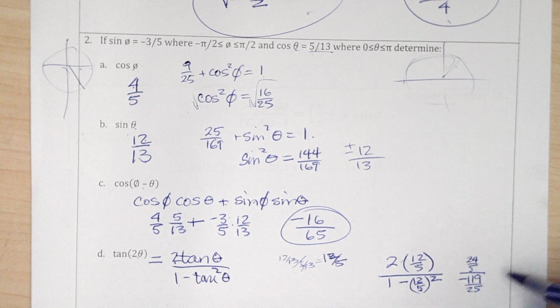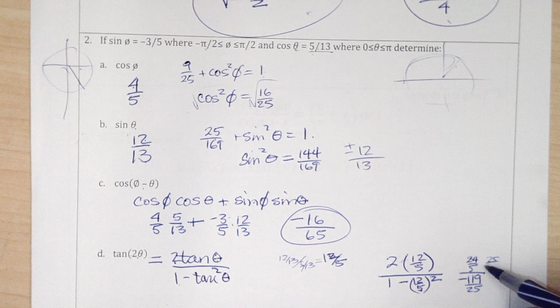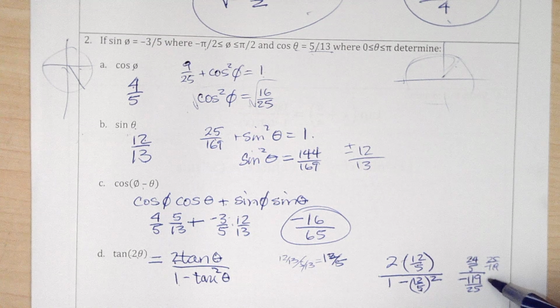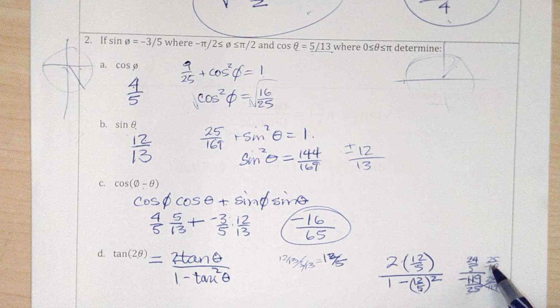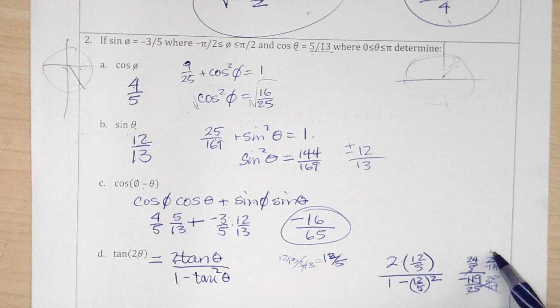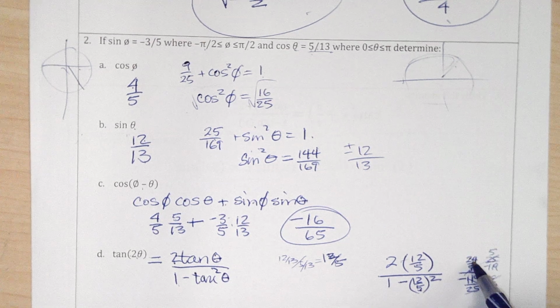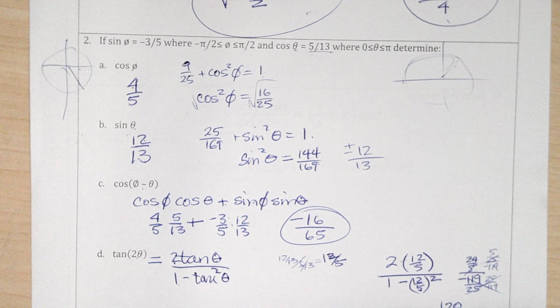And so you invert and multiply, you get 25 over minus 119. And we get 5 goes into 25 and leaves 5 times 24 is 120 over minus 119. If I didn't make arithmetic errors there, I should check my key and make sure that's what I had. Yep.